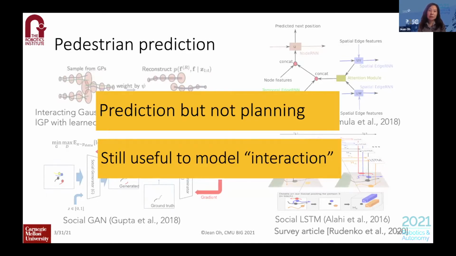But they are still very useful because the robot navigation algorithm needs a social interaction model, and the pedestrian prediction model can be used for that piece.